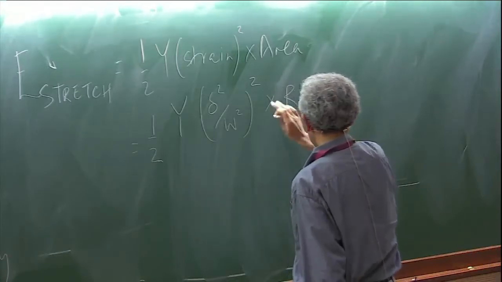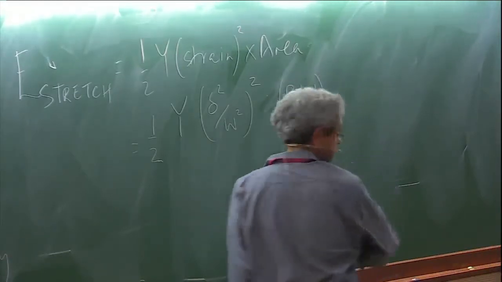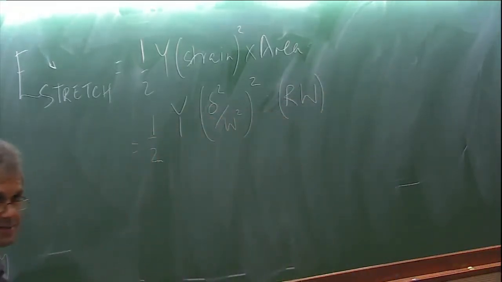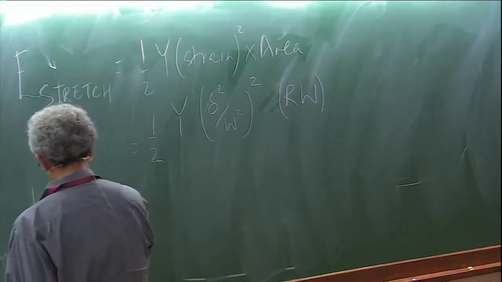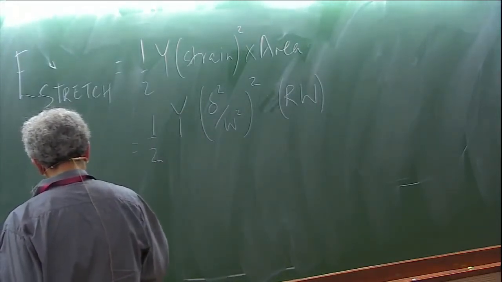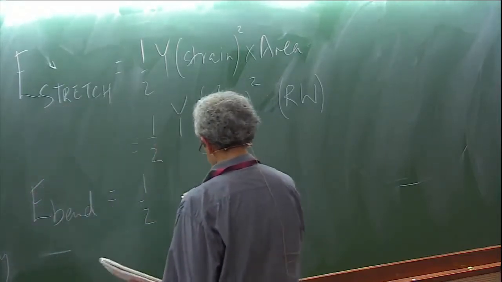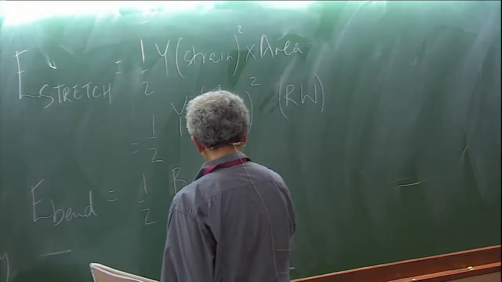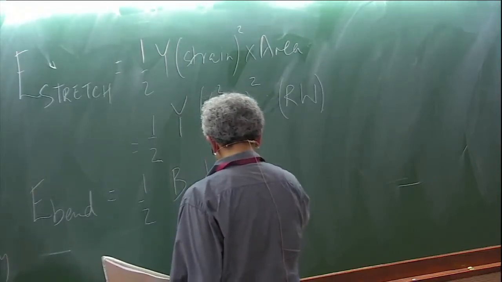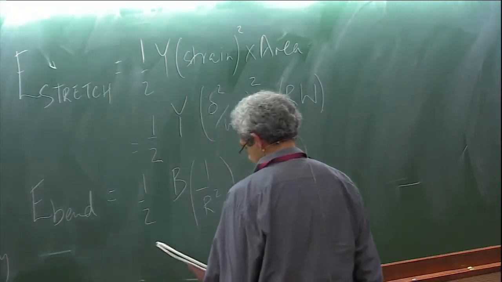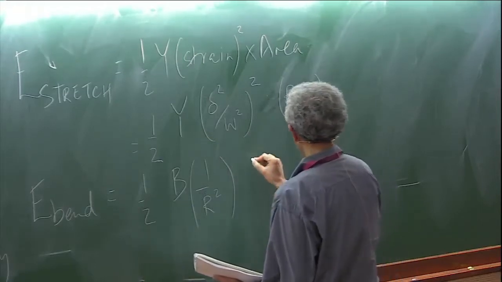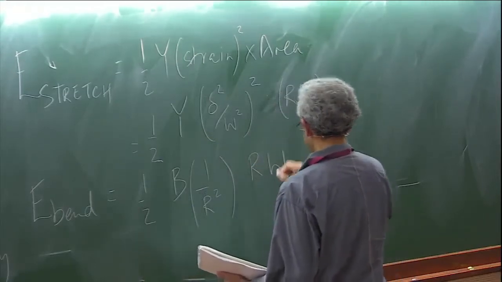We're at a high level of hand waving here again. It agrees with the similarity solution though. That's the area over which the strain is spread, roughly speaking. Again, roughly speaking over the same area.